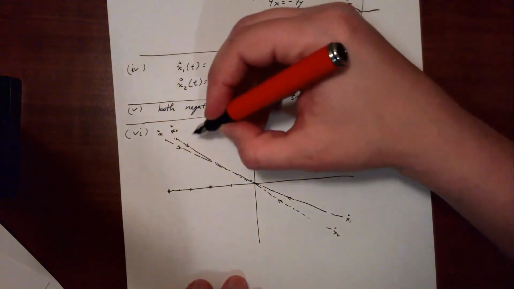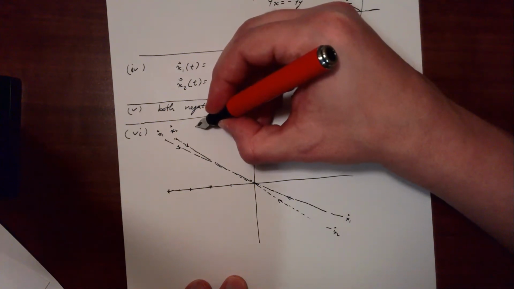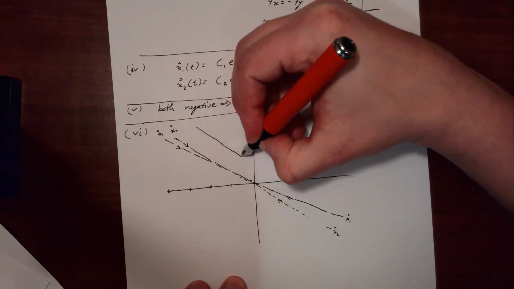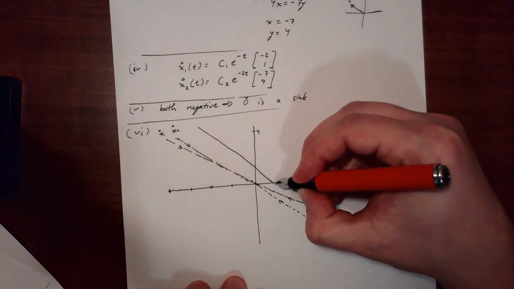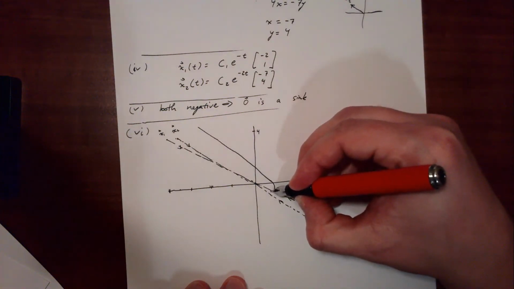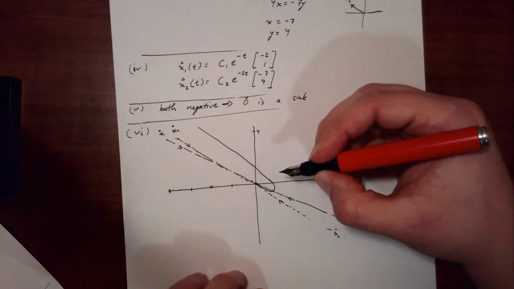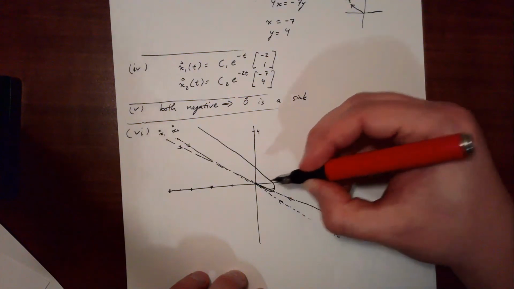So basically, whatever the solution curve is, it starts off coming basically parallel to x2, and then as t gets bigger, it kind of swings around and ends up coming in along x1.